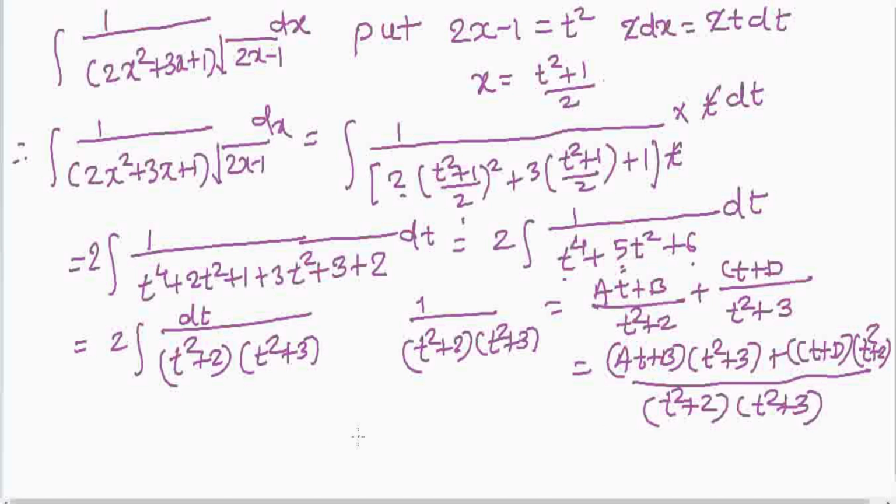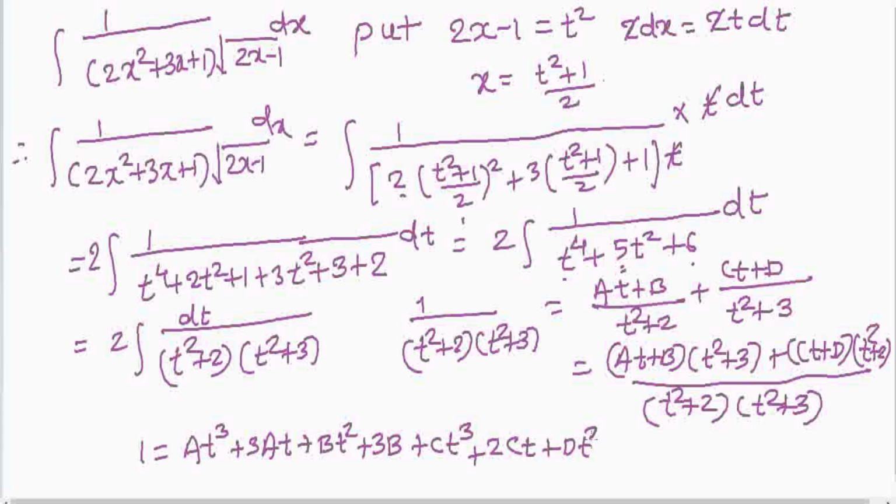Okay, then from this we have here 1 equal to a t raised to 3 plus 3 a t plus b t square plus 3 into b plus c t cube plus 2 c t plus d t square plus 2 into d.